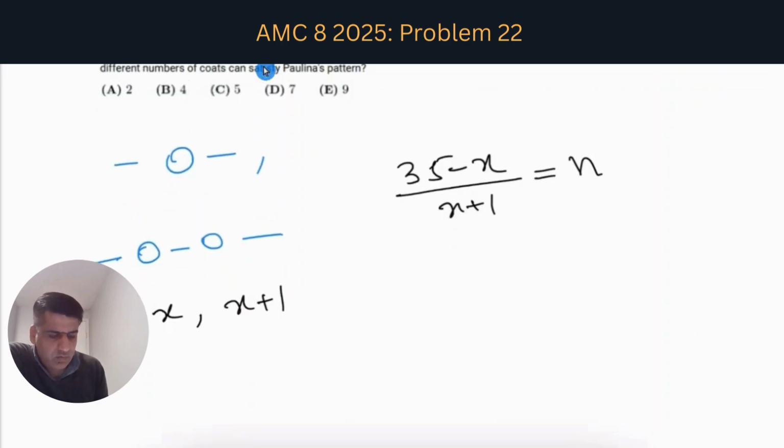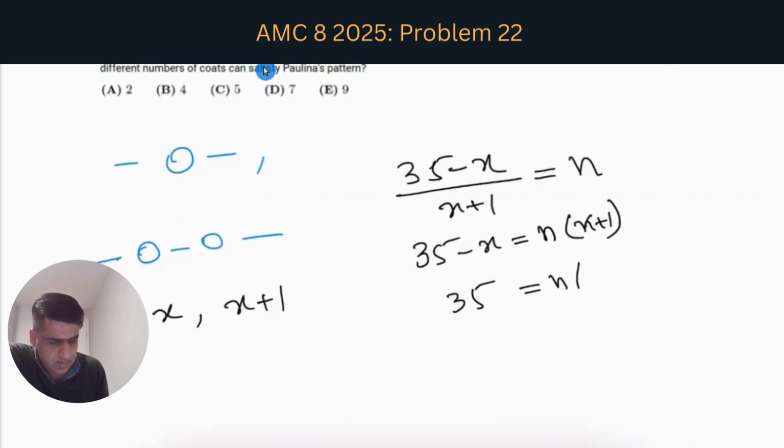So now what I can do from here, I can rearrange this expression like this. And then I will have 35, that is n plus 1 plus x.